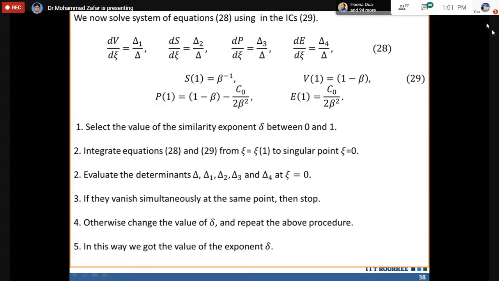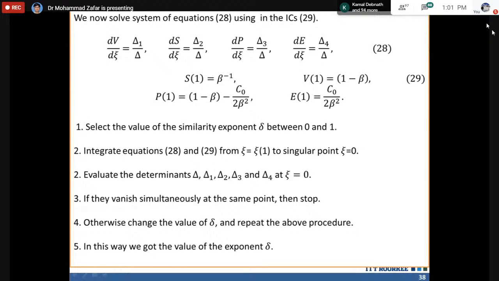So what we do is integrate this system of equation 28 with 29, starting with J equal to J1, because 1 is the initial position of the shock, to the singular point J equal to 0, because there is a division by J in the ODE, so this is the singular point. So we integrate from this point to that point.